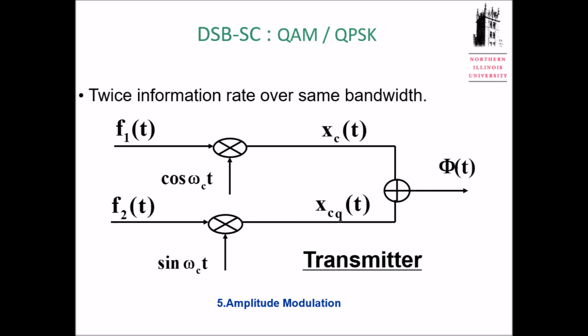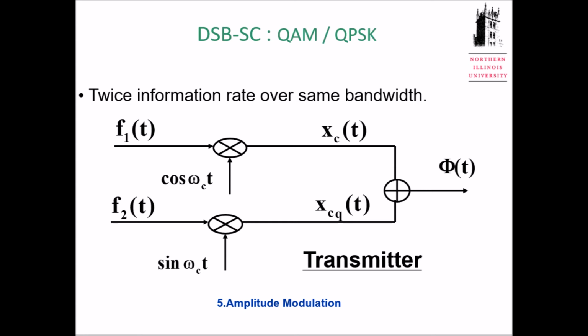One is mixed with cosine omega c t. The other branch is mixed with sine omega c t, so they are orthogonal, right? Cosine and sine are orthogonal. Then we transmit them together.